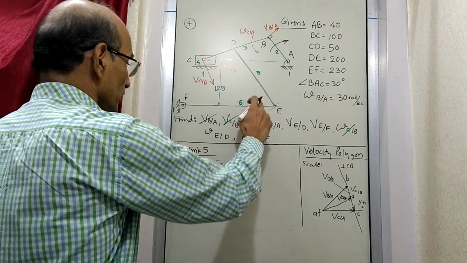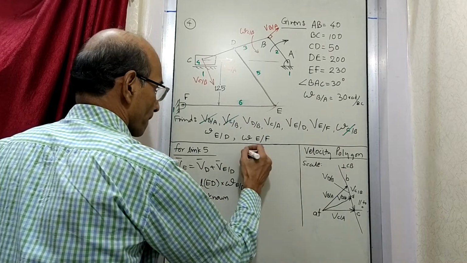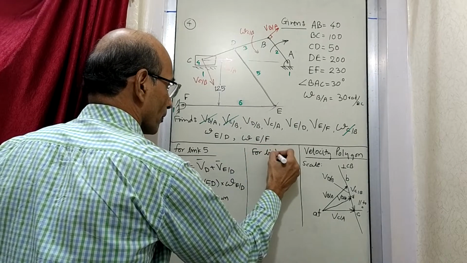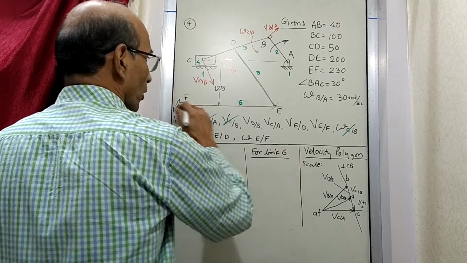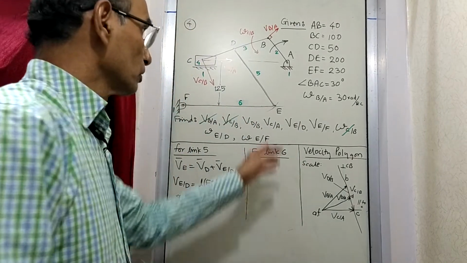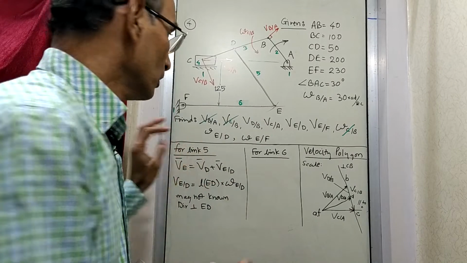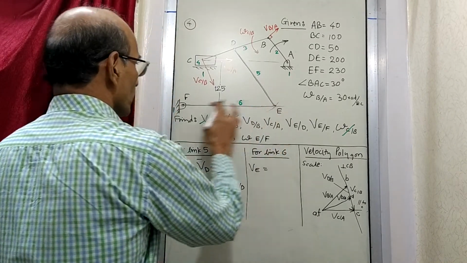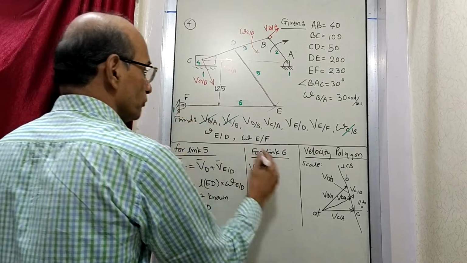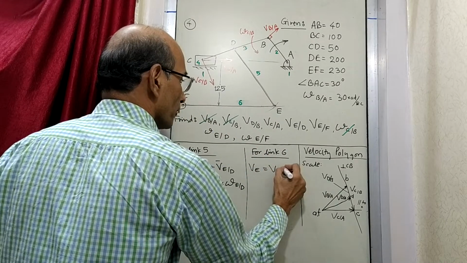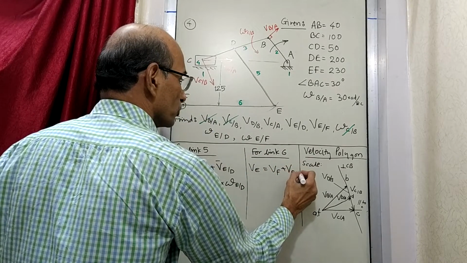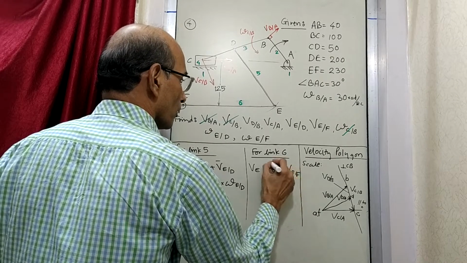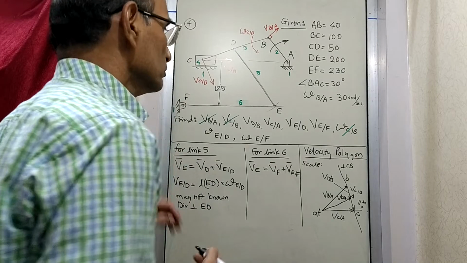So now we go to link number 6. For link number 6, we can write a similar equation: velocity of any point on the link is equal to velocity of some other point which you know, F, plus velocity of E with respect to F. And it is a vector equation.